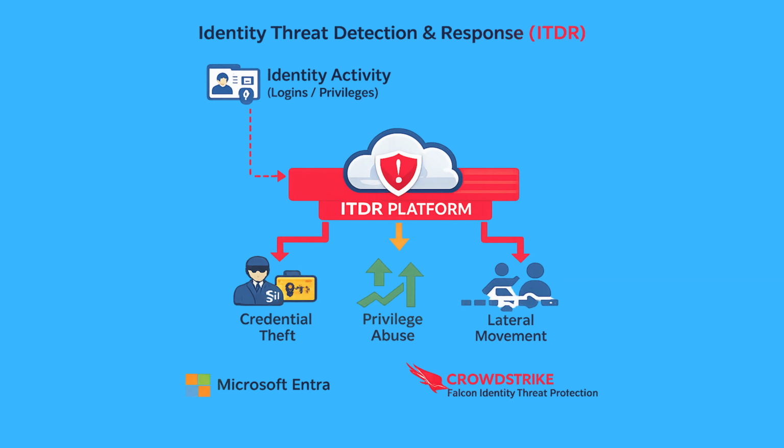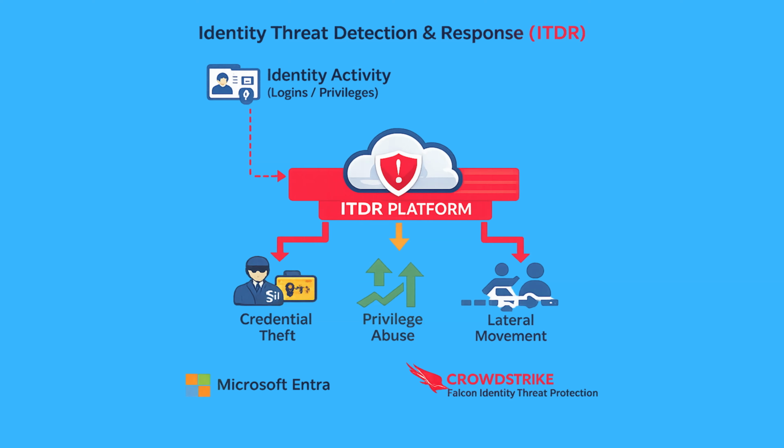Modern attackers often steal credentials or exploit authentication systems to move laterally inside networks. ITDR solutions monitor identity activity to detect suspicious behavior such as credential theft, privilege escalation, lateral movement, Kerberos attacks, account takeover attempts.